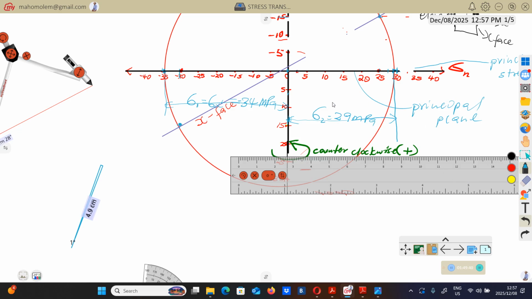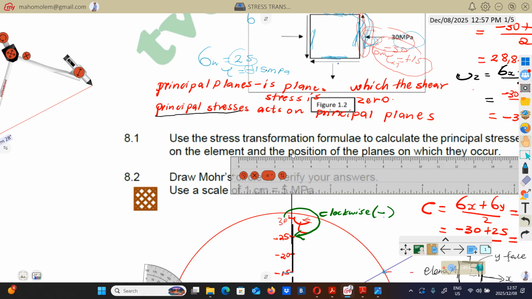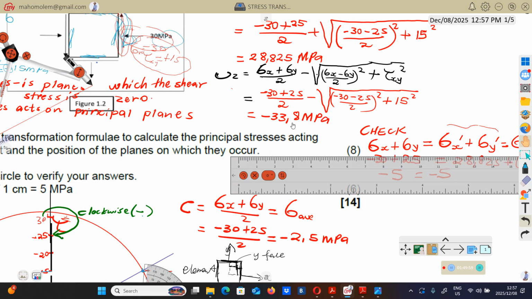Then when you check from the analytical method, you got 28.8. When you round it, obviously it's going to be 29. You can't get 28.8 from the graph. Then on that other one, we got negative 34 here.